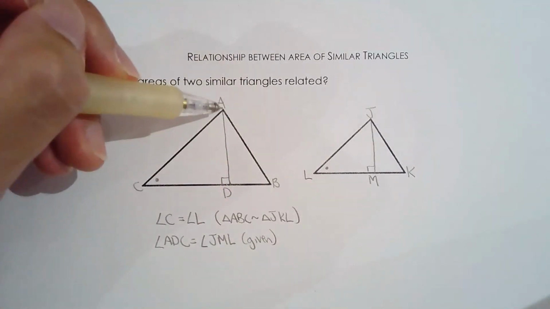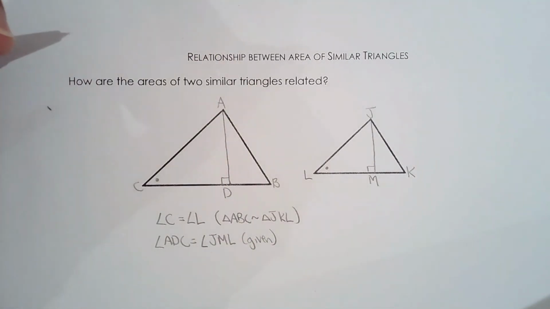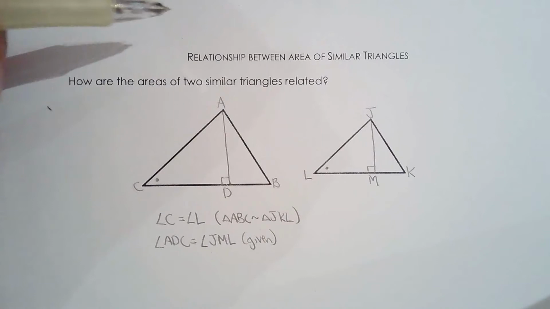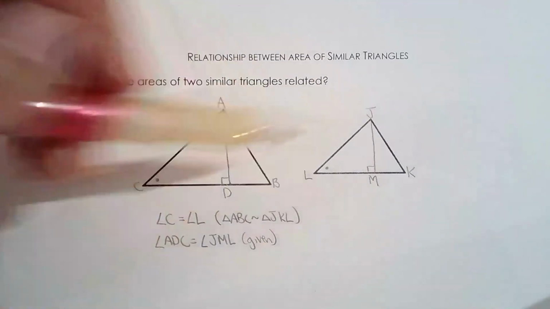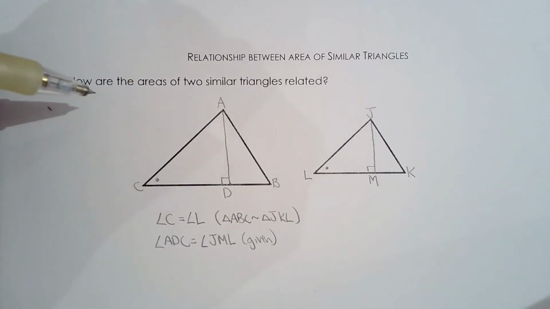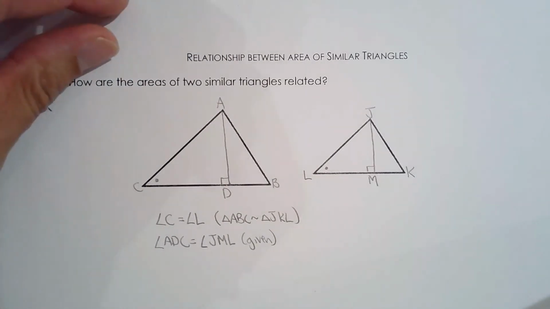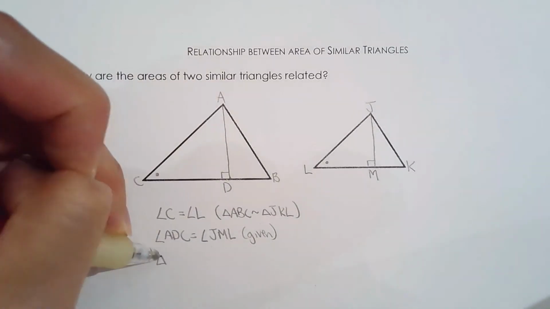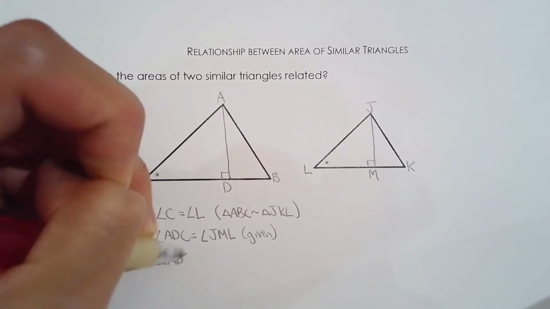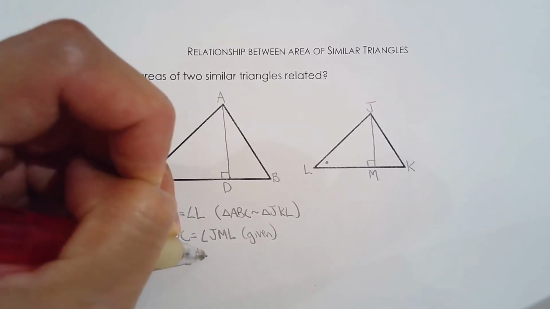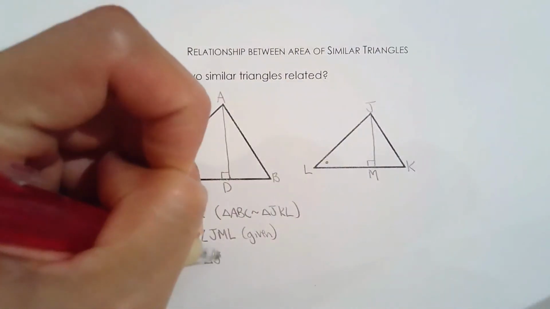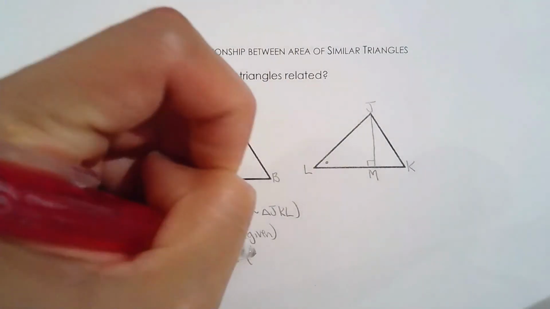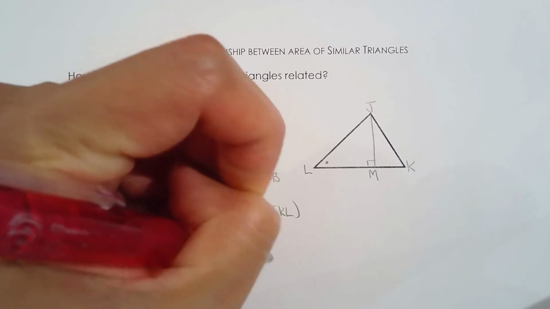If we're drawing the altitude from vertex A and the altitude from vertex J, it's given that those two angles are right. So if that's the case, guess what? I can conclude now triangle ADC is similar to triangle JML because of angle similarity.